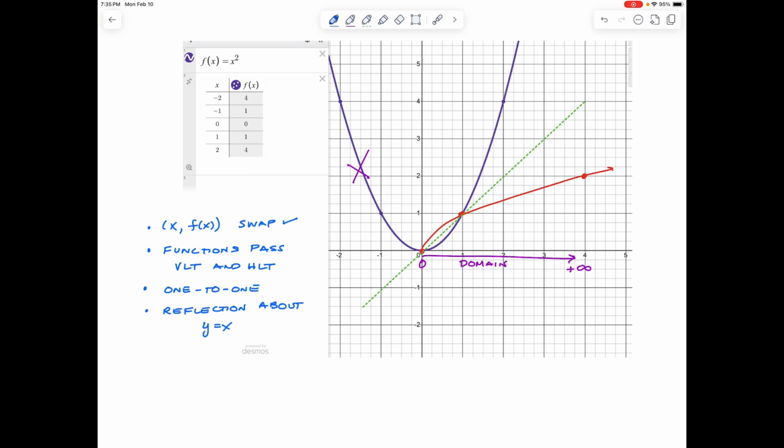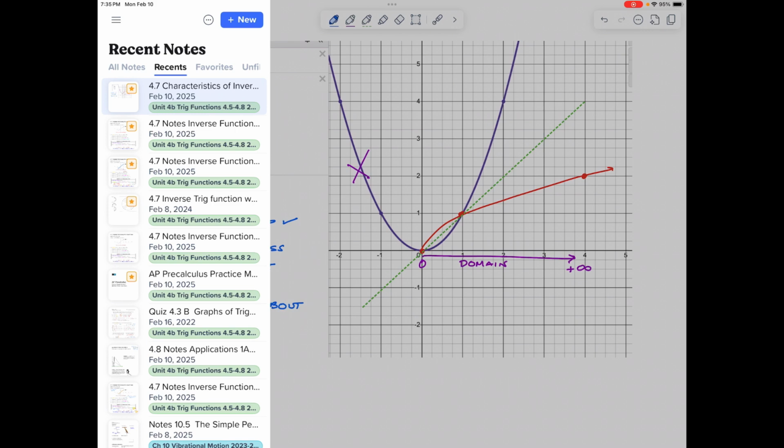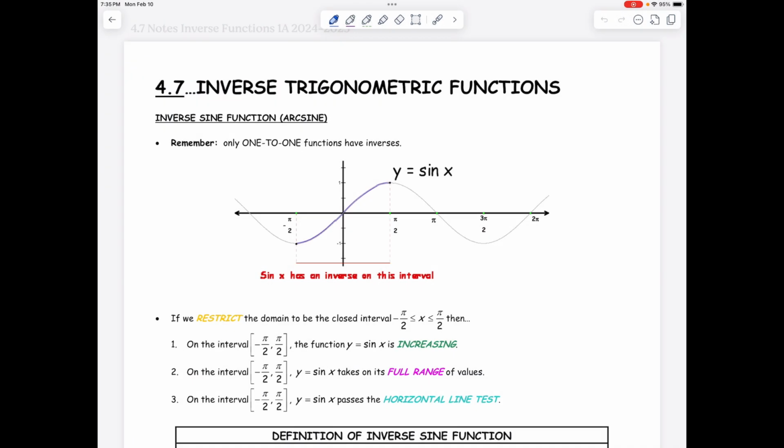Now let's bring that forward to inverse trig functions. So we look at sine x. Sine x is a beautiful sinusoidal function that's going up and down, oscillating forever and ever. And so immediately we say, can y equals sine x have an inverse?